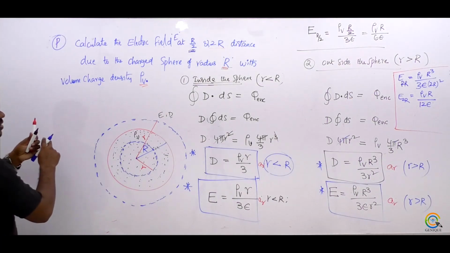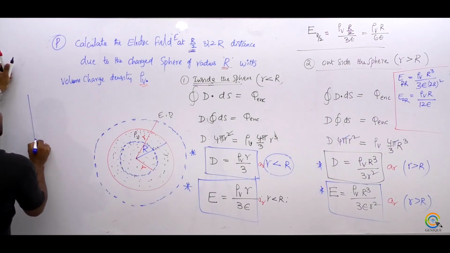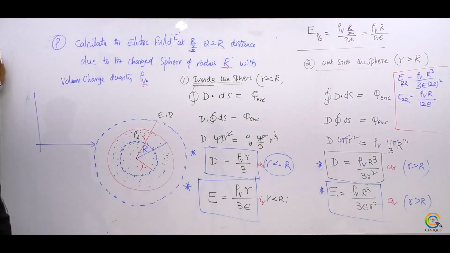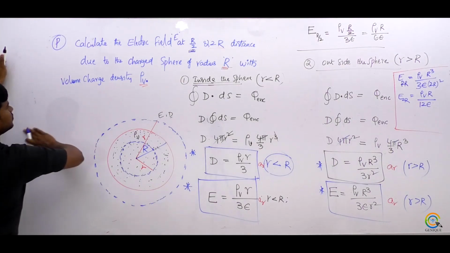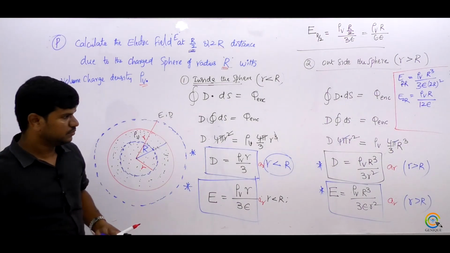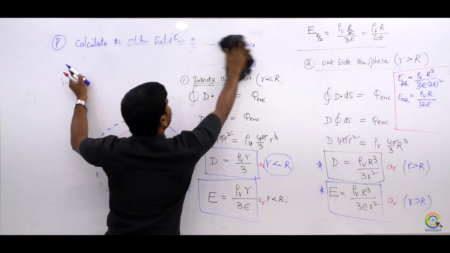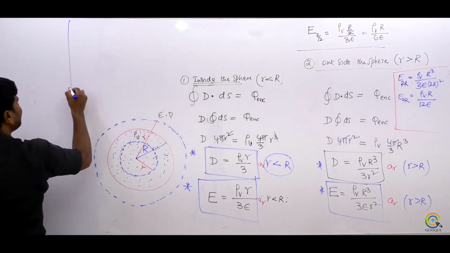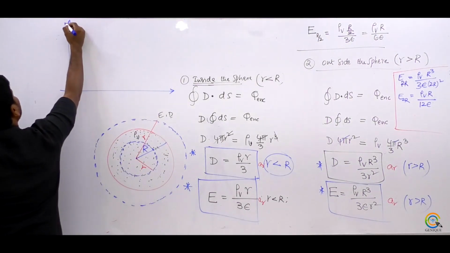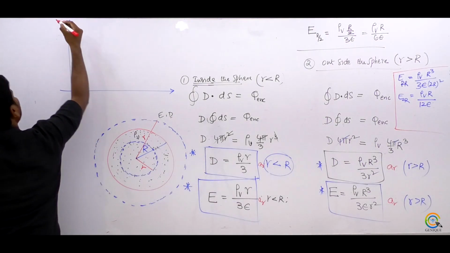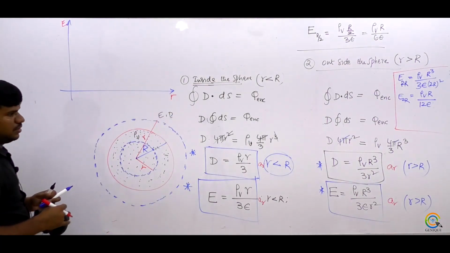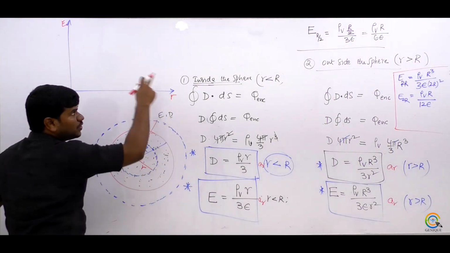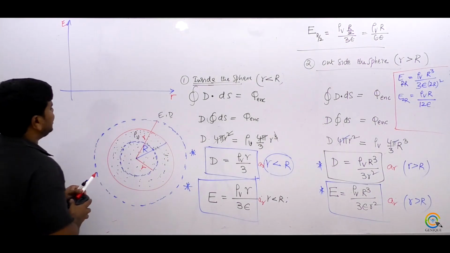What is the graph saying? It shows the electric field intensity with respect to the radius, and this figure is only for this question.